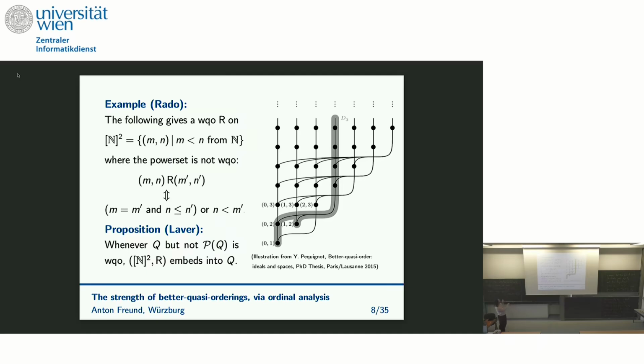But then the second components cannot descend forever, so we must also have this inequality in the second components at some point, right? So we must have that n_i is bounded by n_{i+1} for some i, and then this pair here is R-below the next pair, not necessarily the same, the next pair in the original sequence, because we have thinned the original sequence when we applied the pigeonhole principle, but bounded by some later pair.